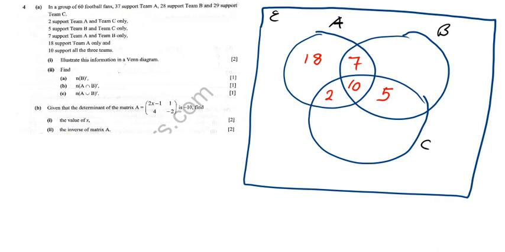It says 28 support team B. So the total of team B is 28.